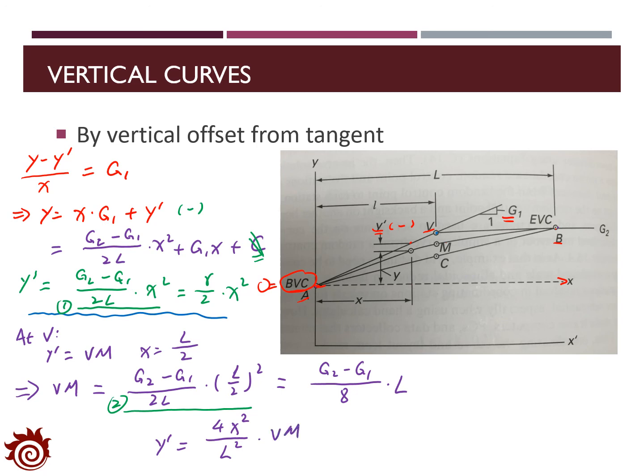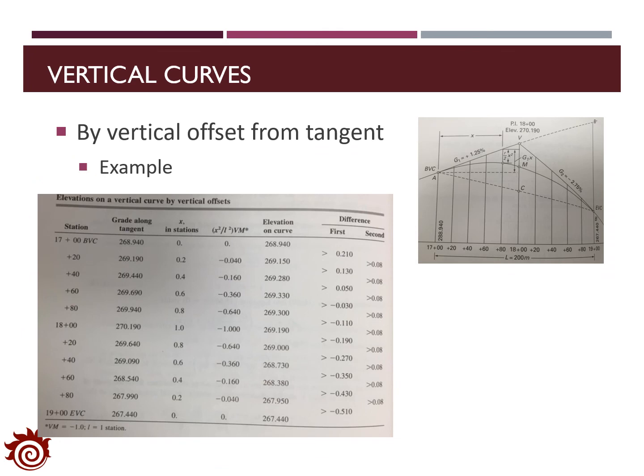So that's another expression for you to find the value of y prime at all the locations along the vertical curve. Now let's see how we can use the vertical offset method to solve the problem in the first example, which is shown in the figure on the right.